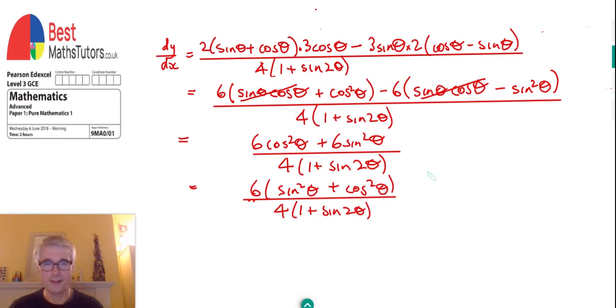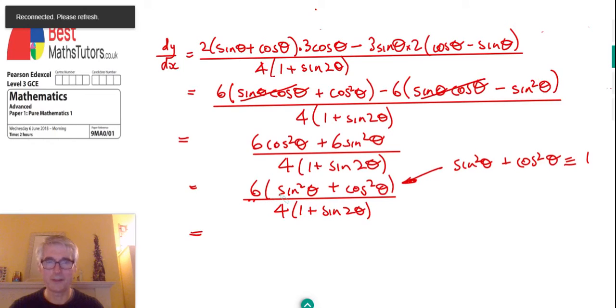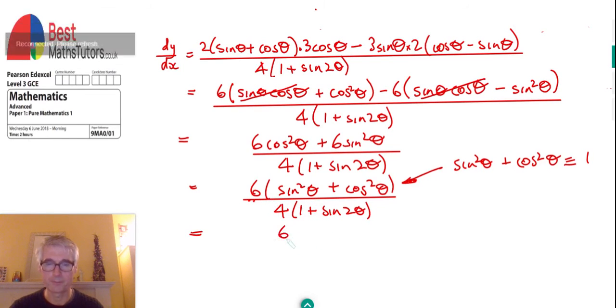It should be really crying out to us that we've got an identity here, which is sine squared theta plus cos squared theta equals 1. I can use triple equals because it's true for all values of theta. So that's going to disappear what's inside the brackets. That's just 1 inside the bracket. What that means is that we've got just 6 on the top over 4, 1 plus sine 2 theta.